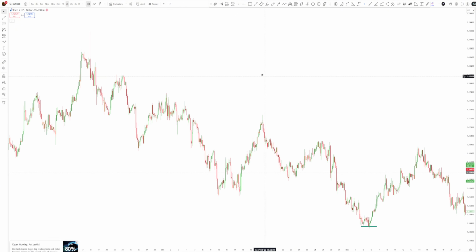Okay, we are in the 2 hour time frame, and let me tell you this before jumping into the topic. Always remember to draw your support and resistance in higher time frames first, and then draw your minor support and resistance in lower time frames, because the higher time frames have more concentration than lower time frames.